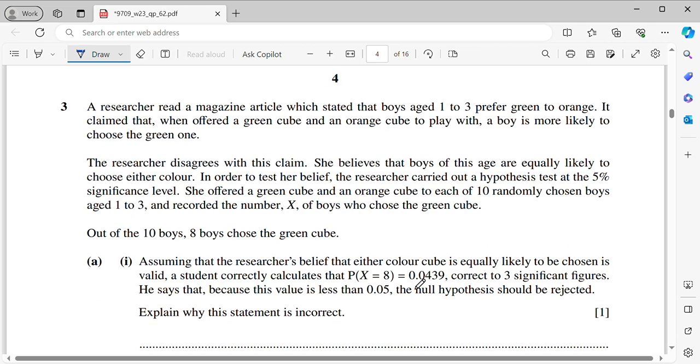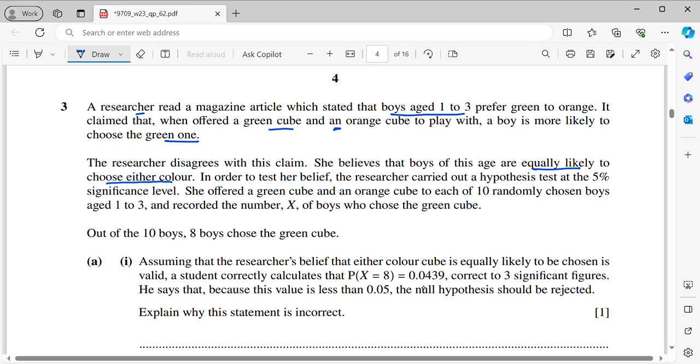Now question number 3. A researcher read a magazine article which stated that boys aged 1 to 3 prefer green to orange. It claimed that when offered a green cube and an orange cube to play with, a boy is more likely to choose a green one. Now, the researcher disagrees with this claim. She believes that boys of this age are equally likely to choose either color.